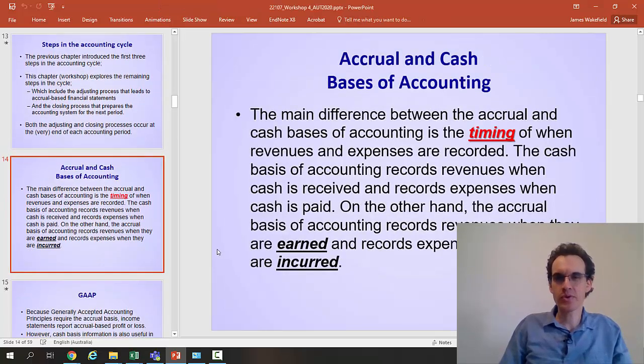So what's the difference between accrual and cash accounting? I already indicated to you that cash accounting is all about recording your profit based on your cash flow, essentially. So if you have positive cash flow for the period, that positive cash flow is equivalent to your profit for the period. Now, in the long term, what is the difference between cash and accrual basis of accounting?